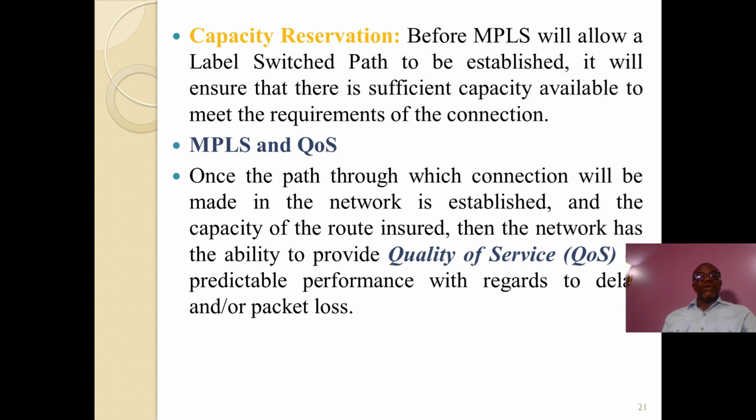So you see that once the path through which the connection will be made in the network is established and the capacity of the route ensured, then the network has the ability to provide quality of service, and it can predict the performance with regards to delay or packet loss.